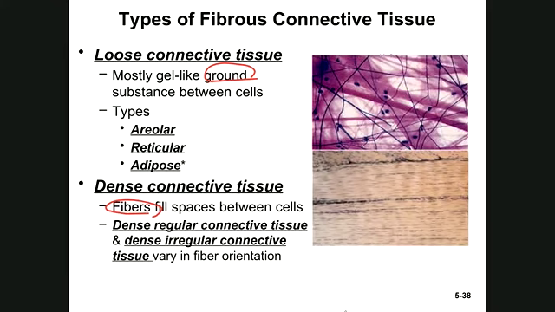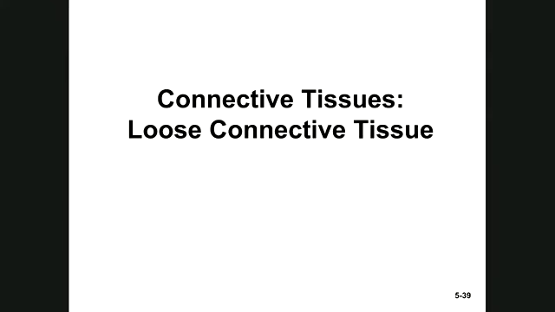And now I want to talk about the loose connective tissue for you. The loose connective tissue contains relatively fewer cells and protein fibers than dense connective tissue. The protein fibers are sparse and irregularly arranged, and there is abundant viscous ground substance between cells and fibers.